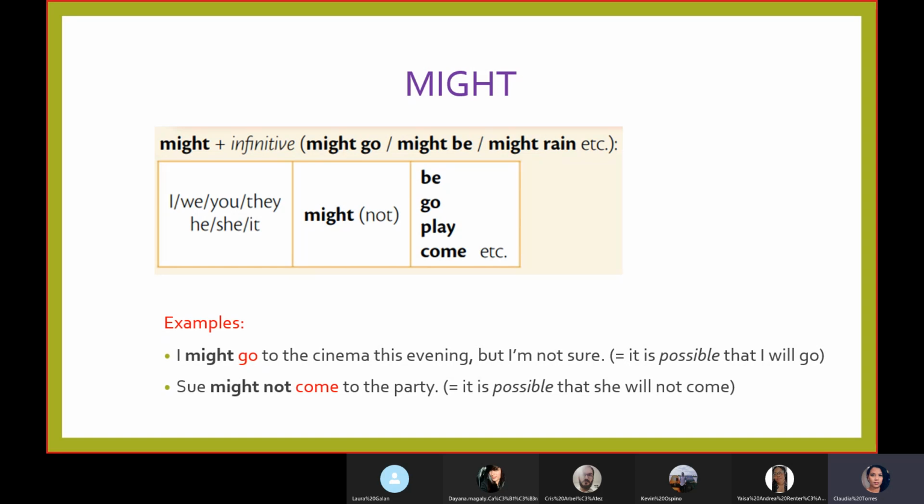And then, Sue might not come to the party. Sue is the name of a woman. So Sue might not. This is the negative form. And then after might not, we have the base form of the verb, right? So Sue might not come to the party. So it is possible that she won't go to the party.